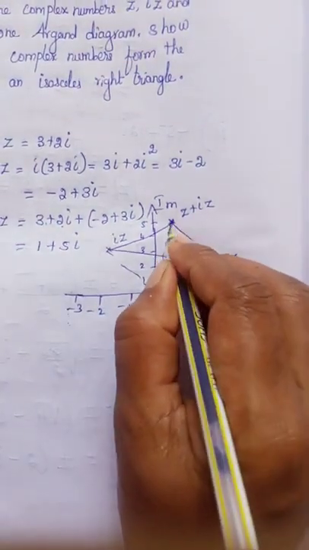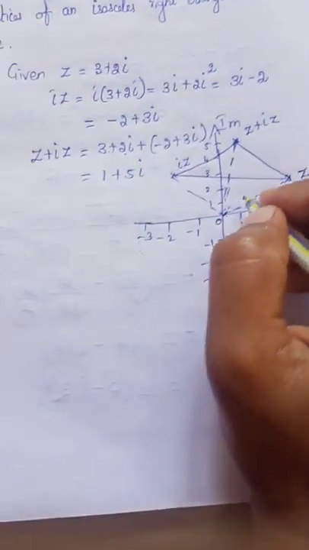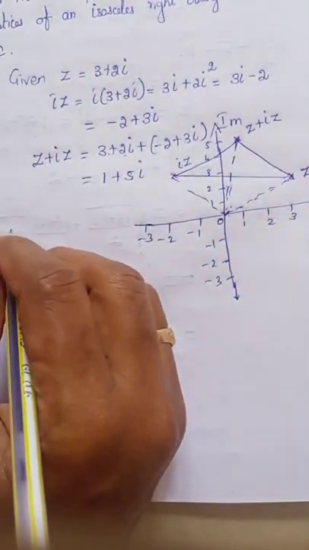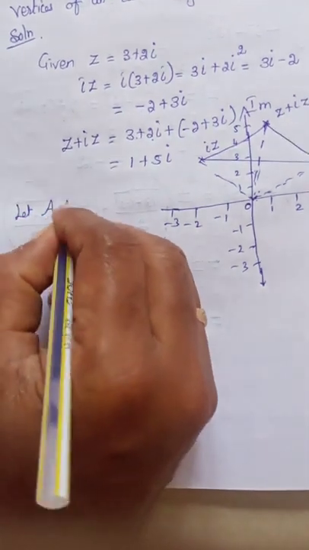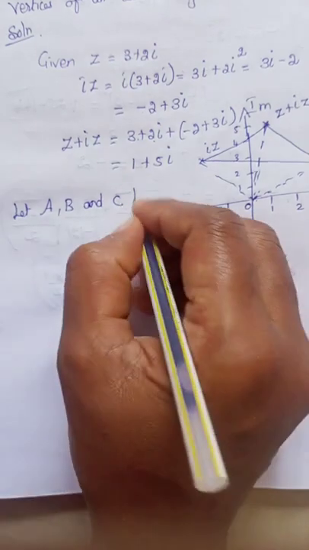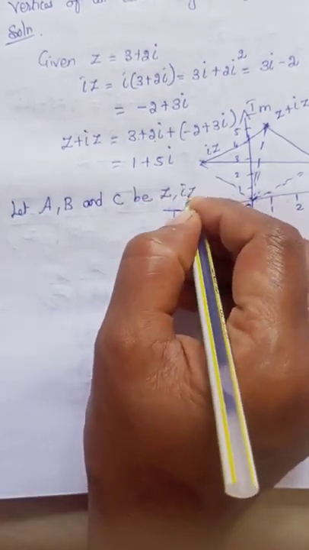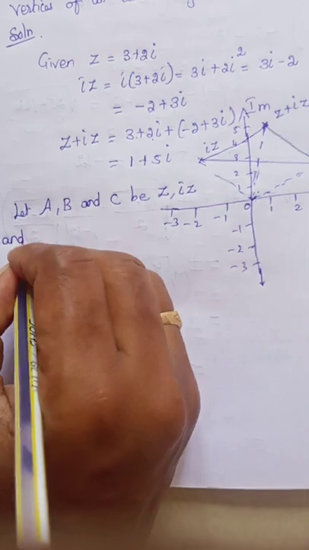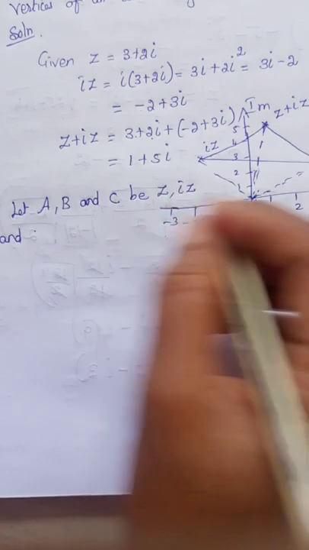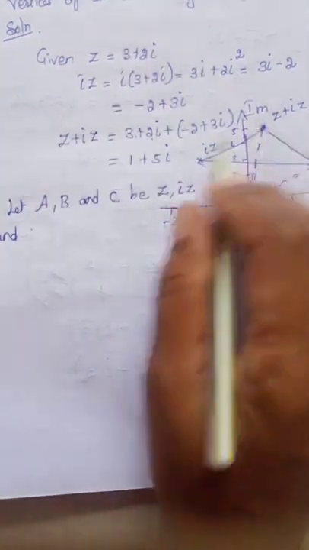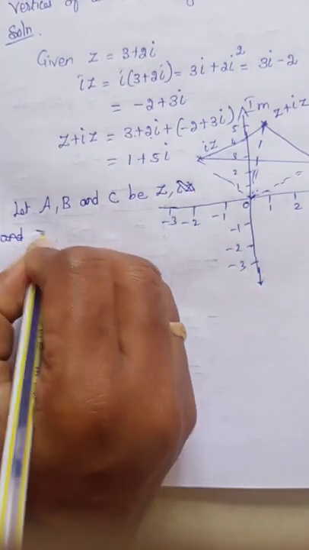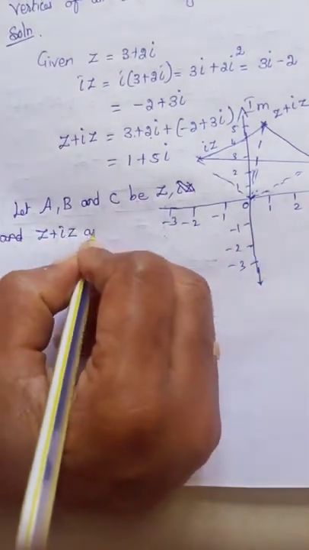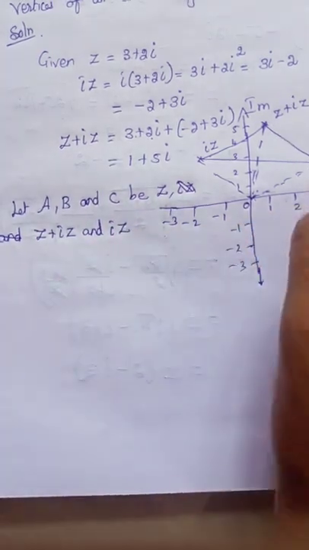In order to prove that the vertices form an isosceles right triangle, I am going to take the vertices as A, B, C. Let A, B and C be Z, Z plus iZ and iZ.